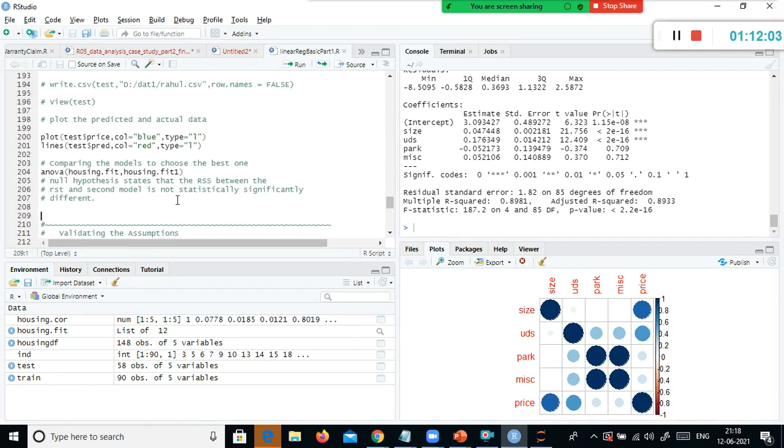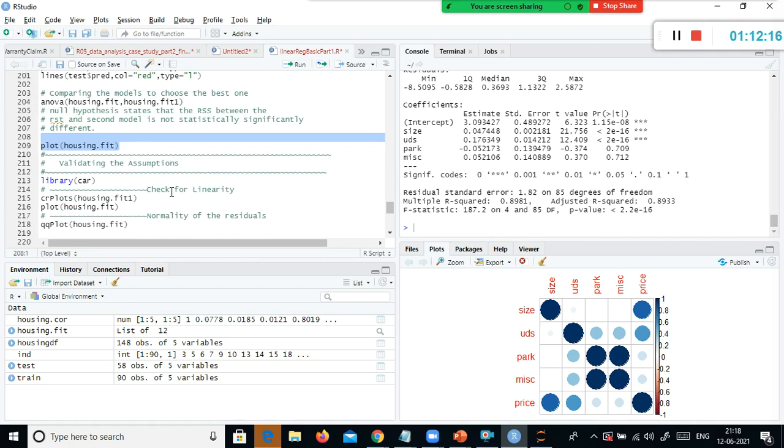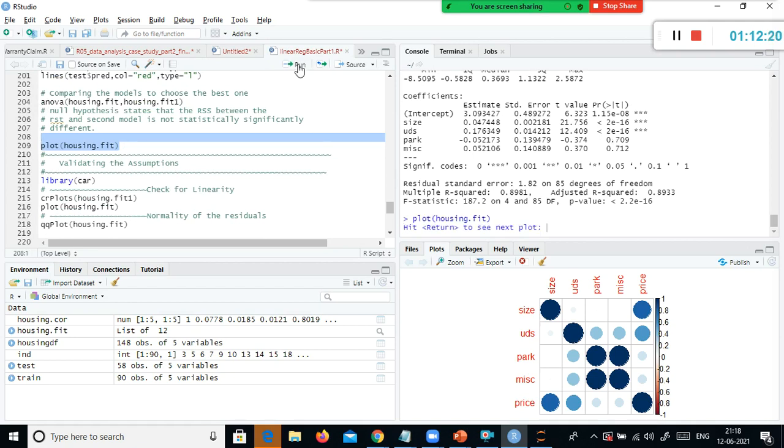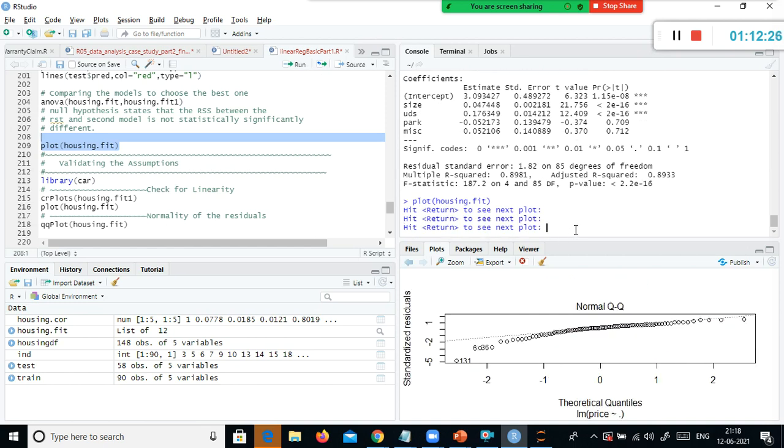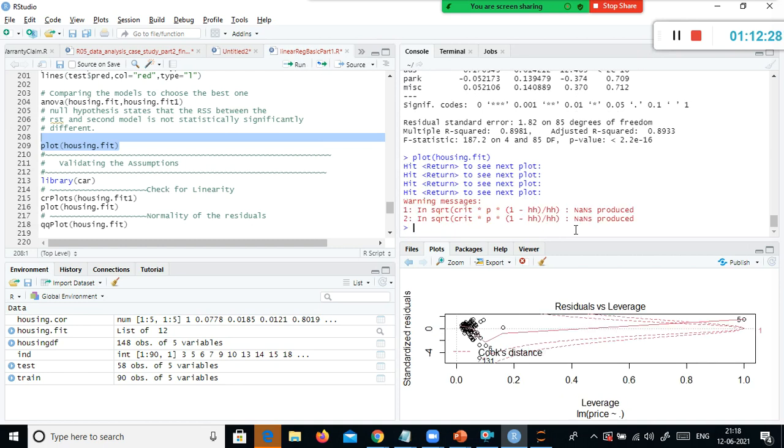If I use the plot function on housing.fit, instead of using the Durbin-Watson test or the Breusch-Pagan test, we can use the plot function. Visual inspection, I told you, right? You can validate the linear regression assumptions visually also, instead of conducting the test.